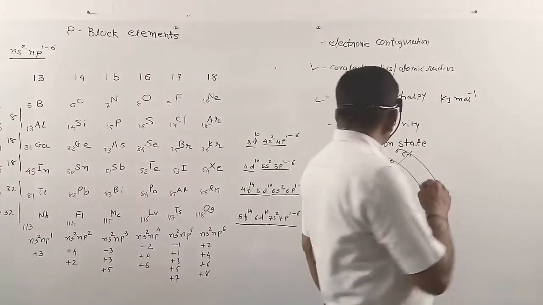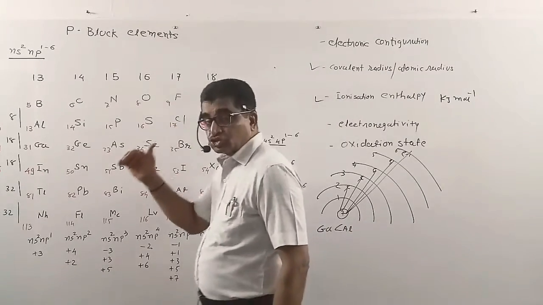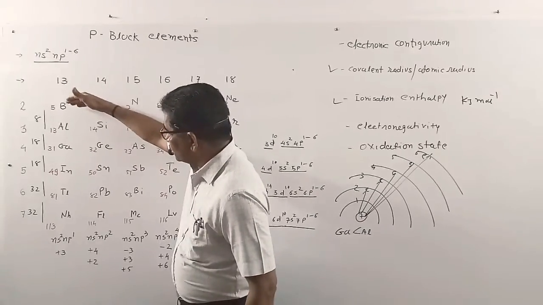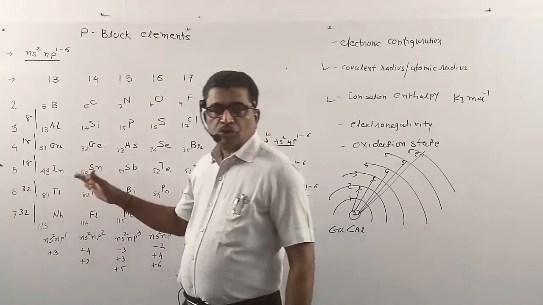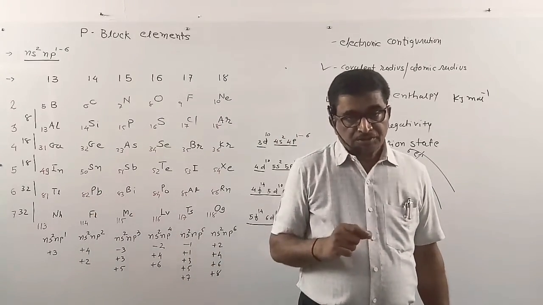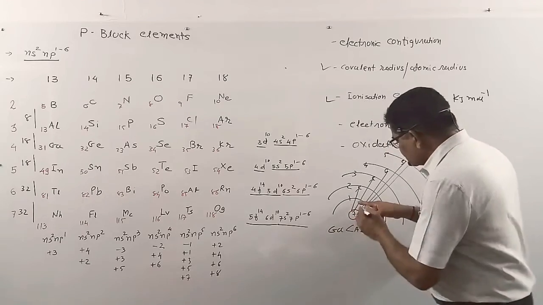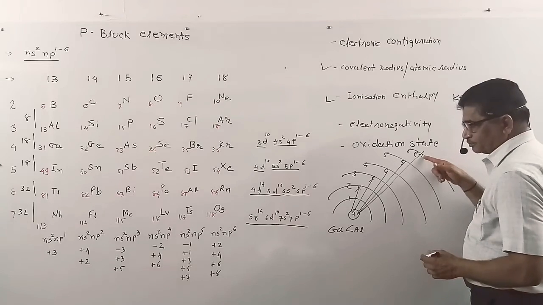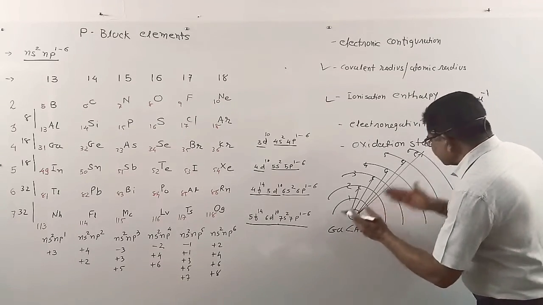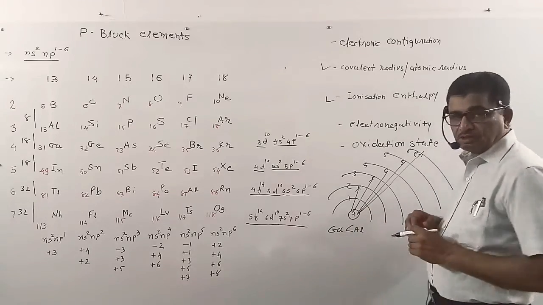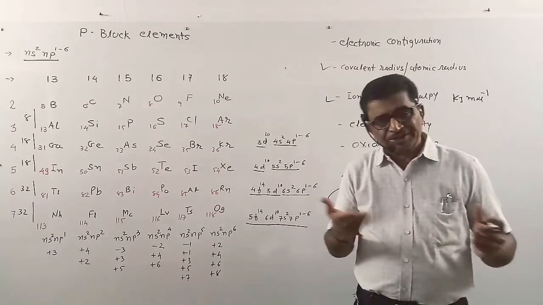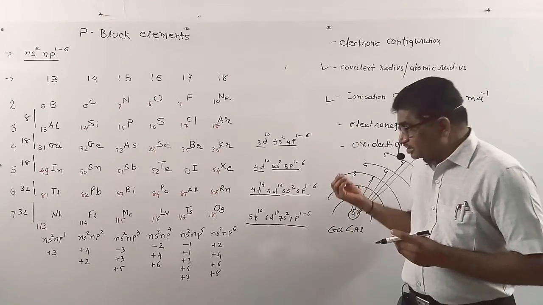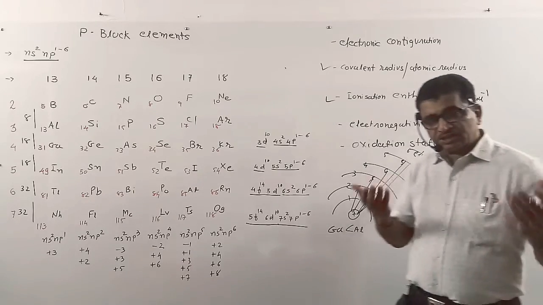In the sense of periodic property, ionization enthalpy from top to bottom always decreases. Why? Suppose here are boron, aluminium, gallium, indium and thallium. The distance between nucleus and last electron will increase. Attraction between nucleus and last electron will decrease.